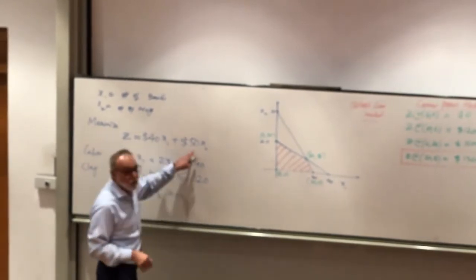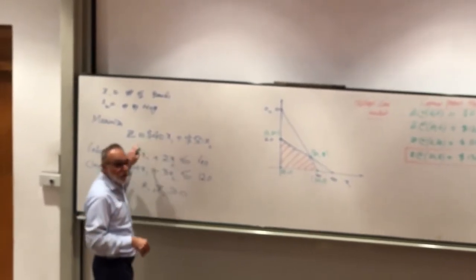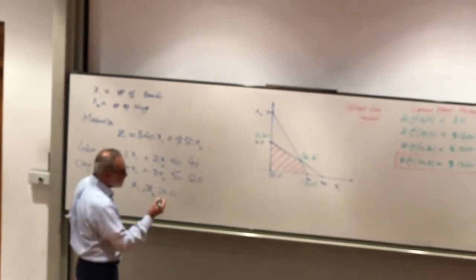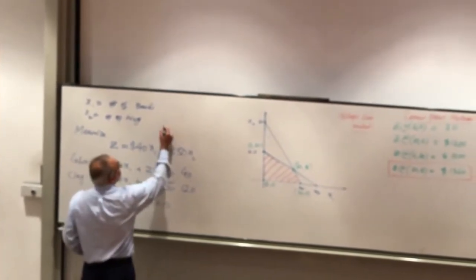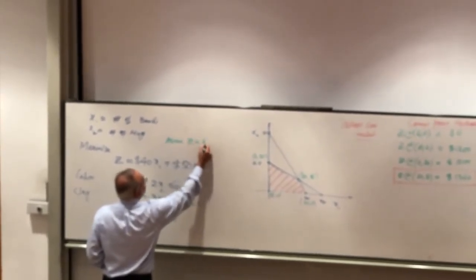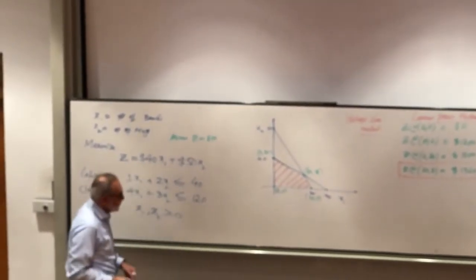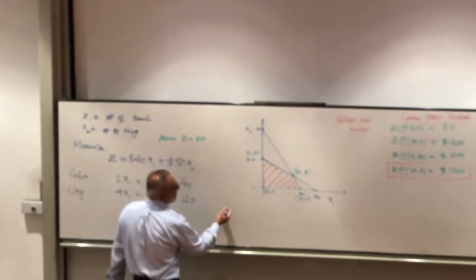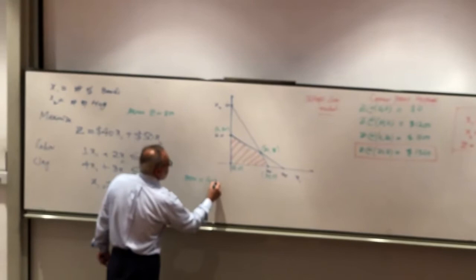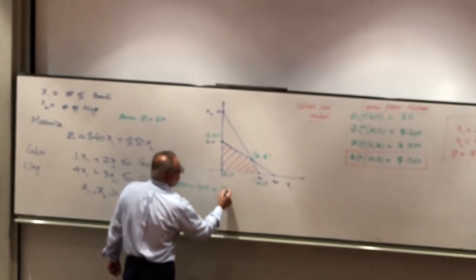Since this is also a straight line, make z equal to, let's say, 800. Assume z is equal to 800 and solve this equation to find x1 and x2. 800 is equal to 40x1 plus 50x2.